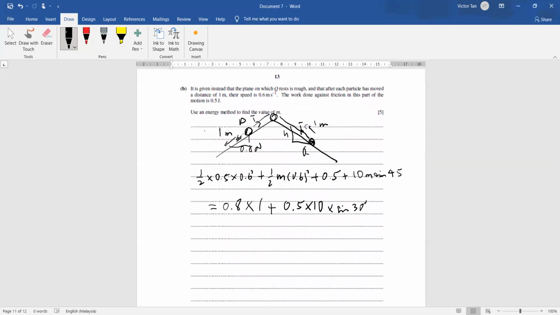So 0.6 squared is 0.36, 0.18, 0.09, plus 0.18 m, plus 5 m root 2 over 2 equals 0.8 plus 2.5.